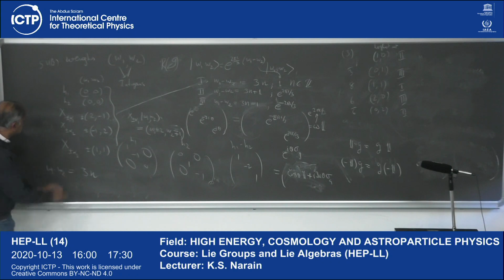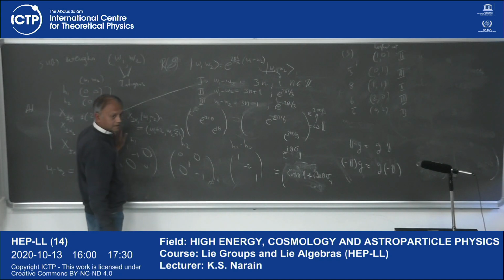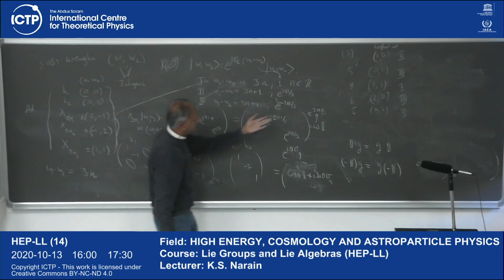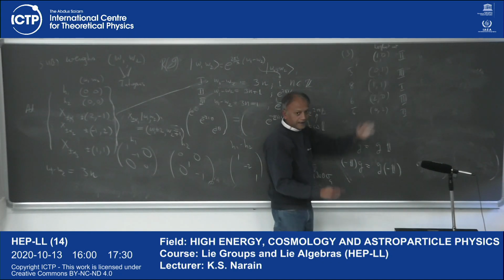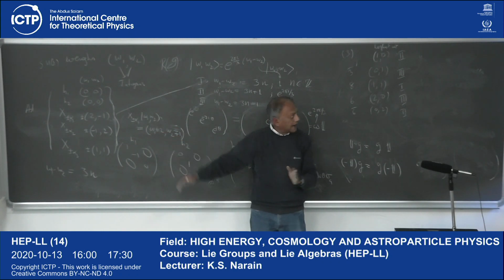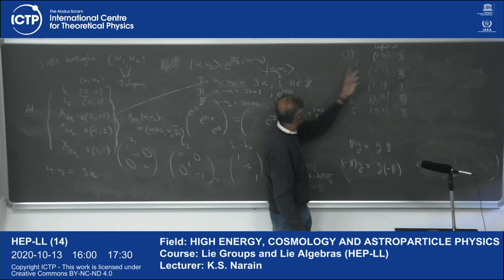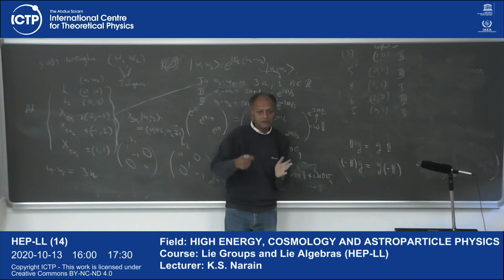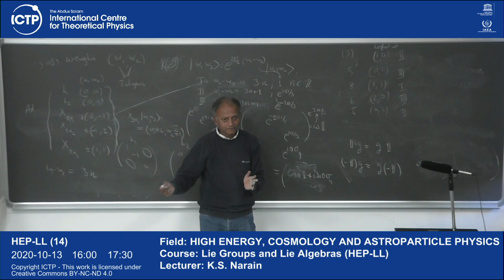So this is the adjoint representation, where W1 minus W2 is in the 3n, for all of them. So when I take any of these highest weights and start applying the lowering operators, I'm going to change the value of W1 minus W2 by something which is 3 times an integer.